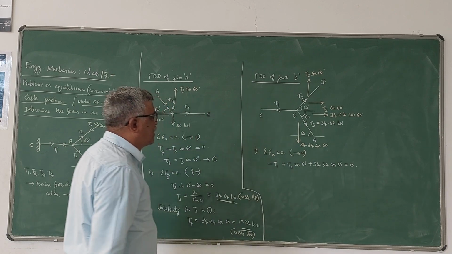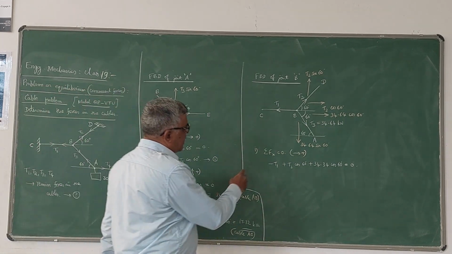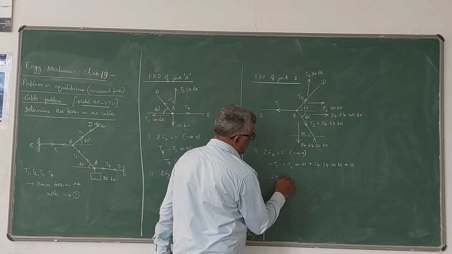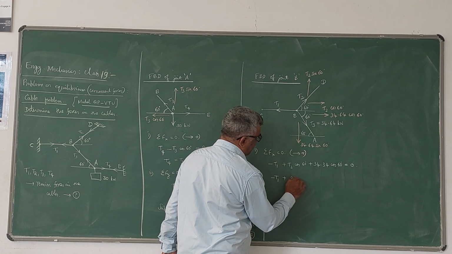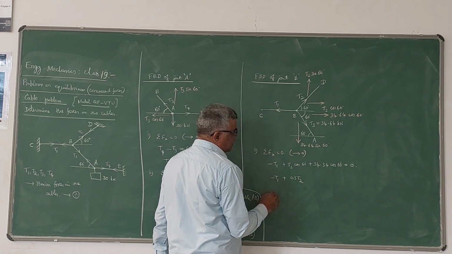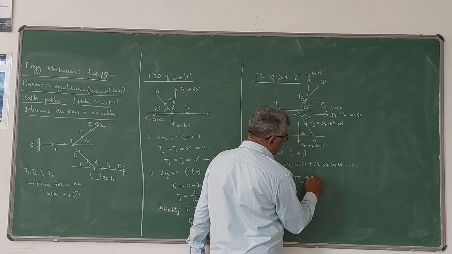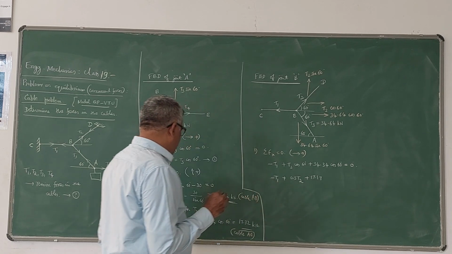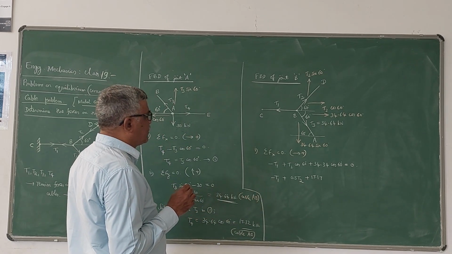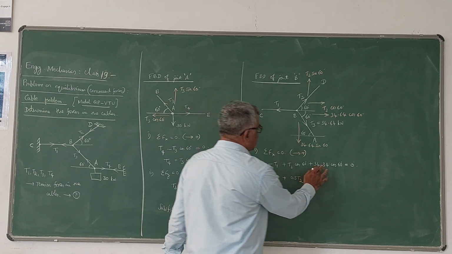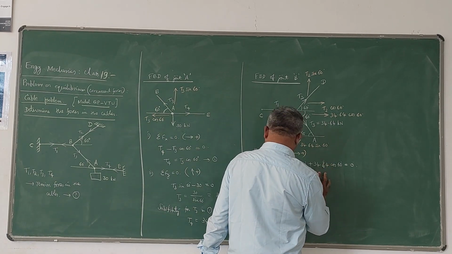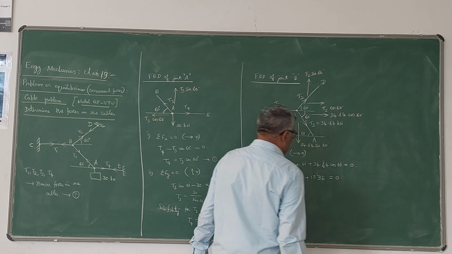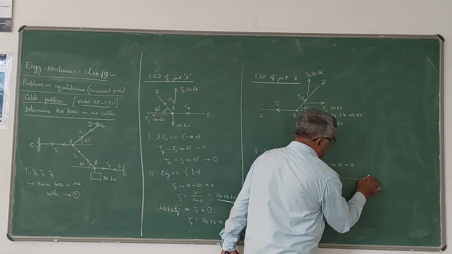So minus T1 plus T2 cos 60, which is 0.5 T2 because cos 60 is half, plus 34.64 times half, which is 17.32, equals 0. This is one equation, we call this equation 2.